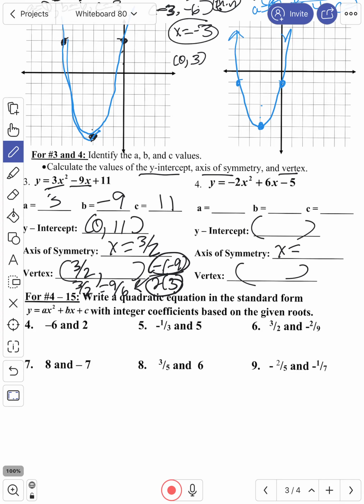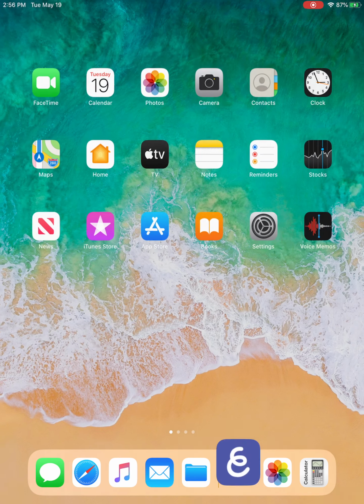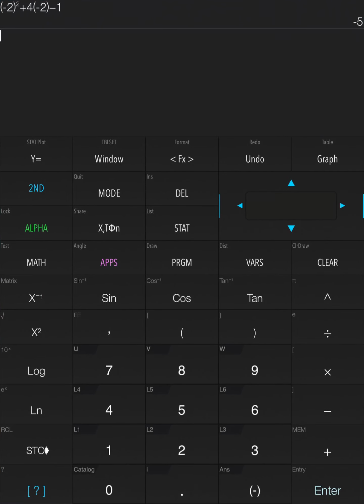So now I'm going to go to my calculator and fill that in using parentheses. So I have 3 times x, which is 3 halves right now, squared, minus 9 times 3 halves, plus 11. Always important to use parentheses.